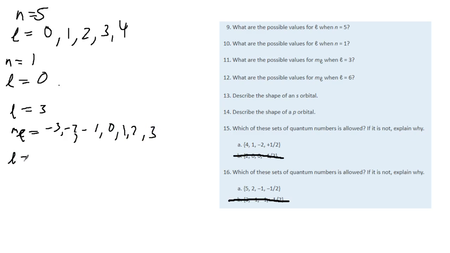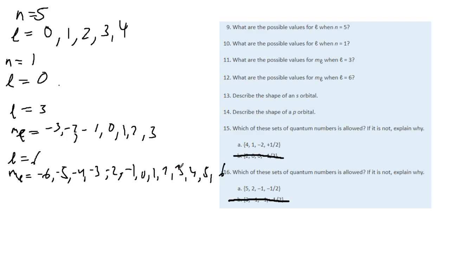And when L is equal to 6, ML can be equal to -6, -5, -4, -3, -2, -1, 0, 1, 2, 3, 4, 5, and 6. Yeah. 13.